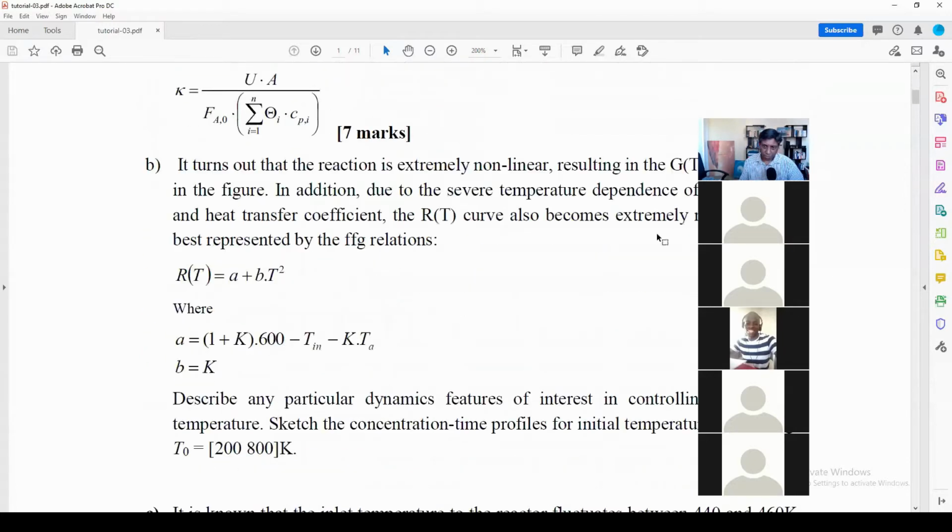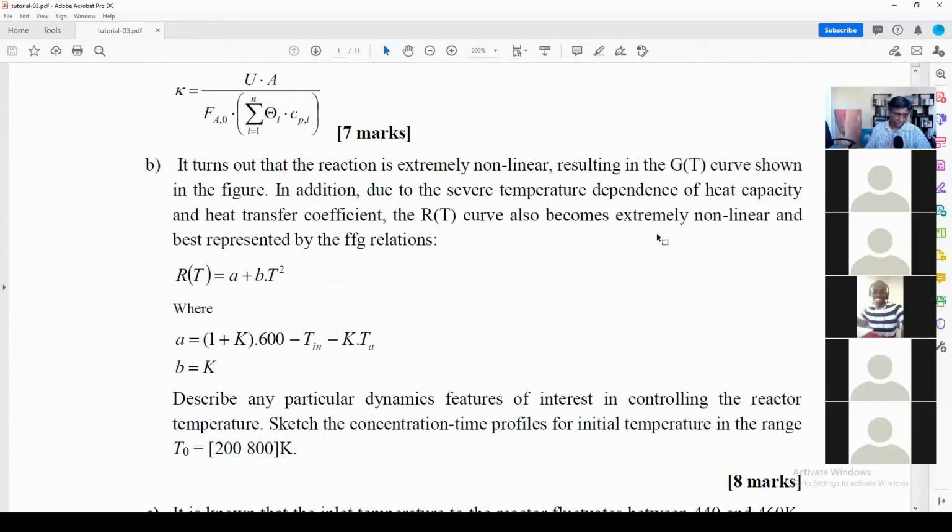And now in this problem, as I say, you can go ahead and just look at the derivation in the notes, but try to do it yourself also without looking first. So it says in the actual calculation part of this question, the reaction is quite nonlinear. And so the G of T curve shown is not the same as the one we're used to.